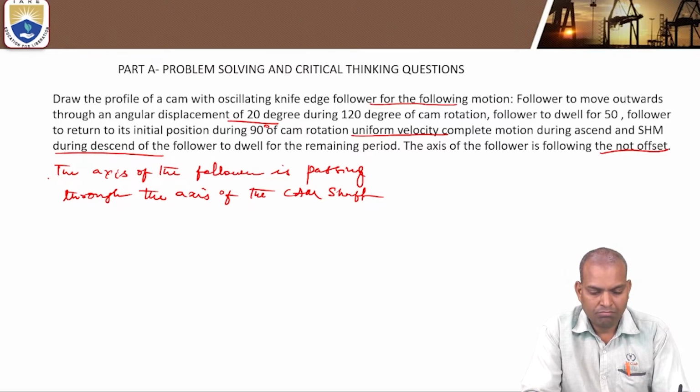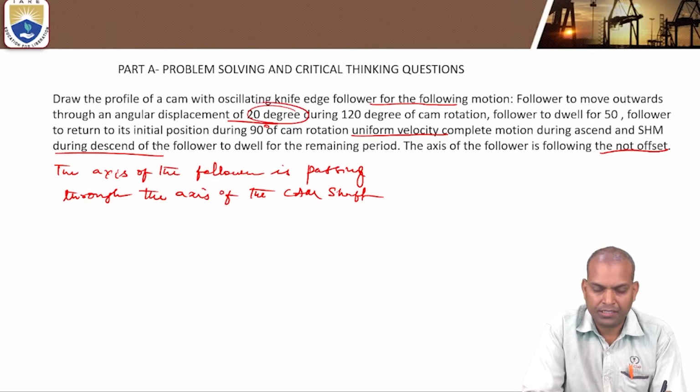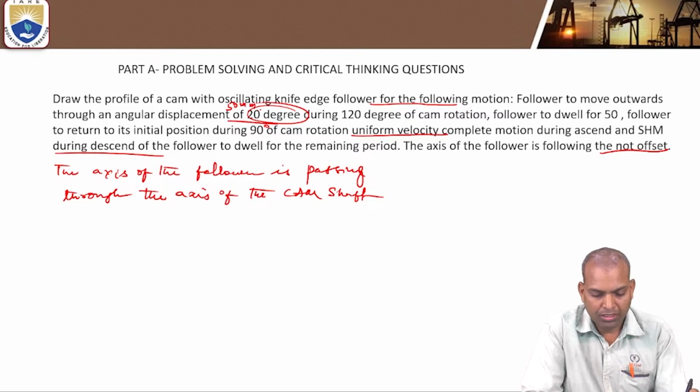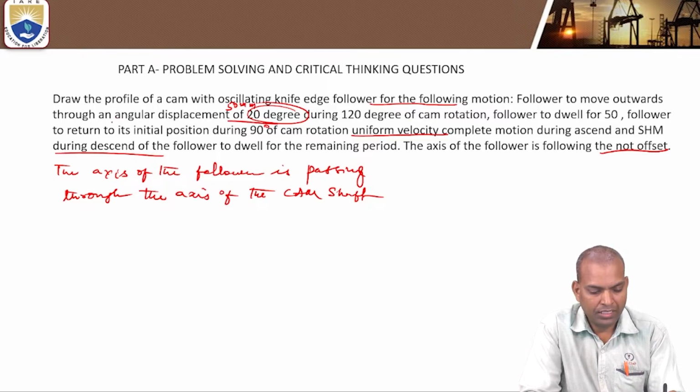Here it says moves outwards through an angular displacement, but there is a mistake here. It is not through 20 degrees. It is 50 millimeters, having a displacement of the follower.